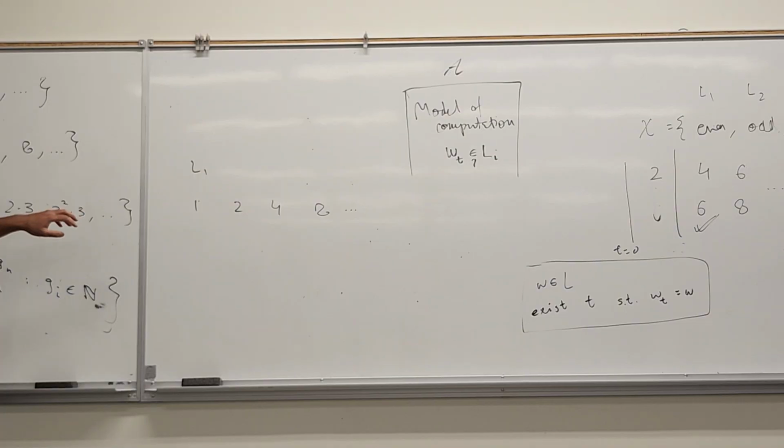Okay, so let's say case 1. Can Gi be 0? Gi can be 0. Yes, natural numbers start from 0. So let's say L2 also fits in if Gi equals 2.